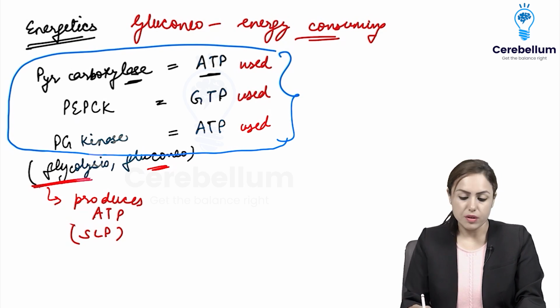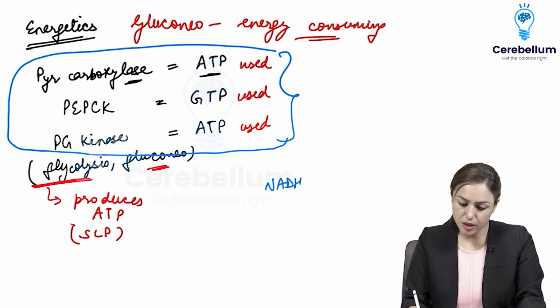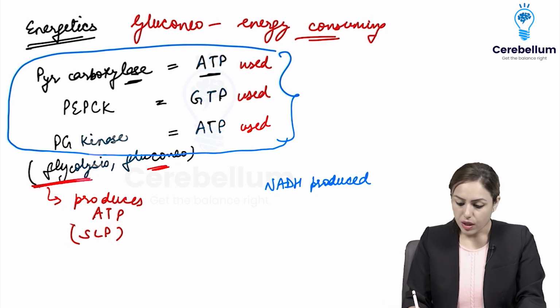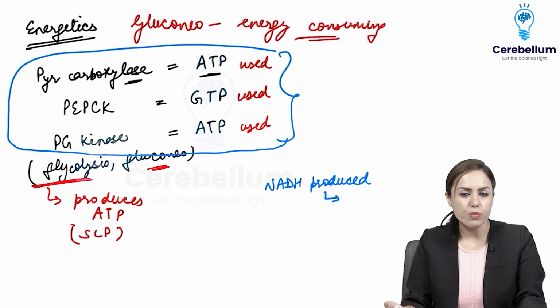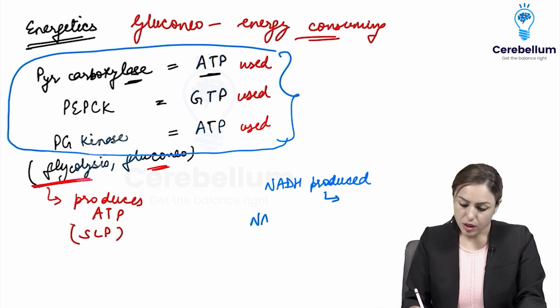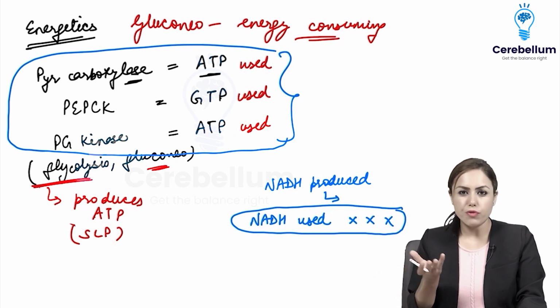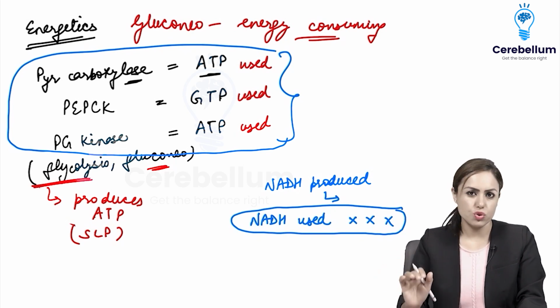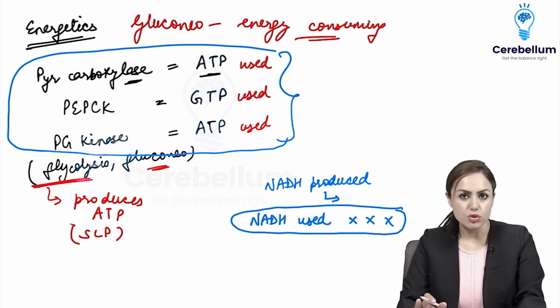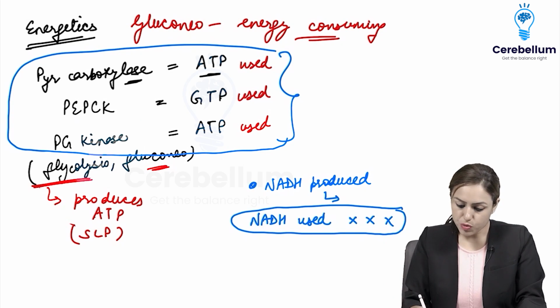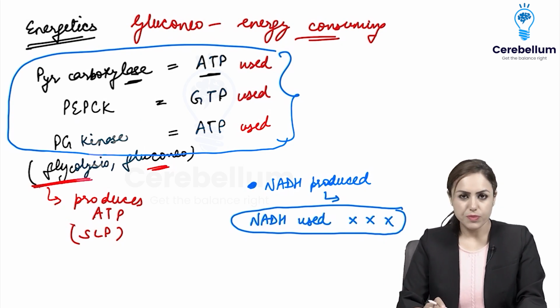Let me be very clear here that if NADH is produced in some reaction or in some pathway, then we will count it as 2.5 ATP produced, right? But if in some reaction or pathway NADH is used, then do not consider this for any energetics, okay? Because NADH is present free in the environment, it can be used. So do not count this for any energetics whenever NADH is used. Whenever NADH is produced, then we count it, right?